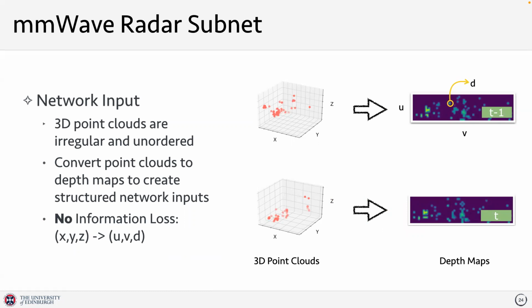Note that this step doesn't incur any information loss, because all these 3 parameters, X, Y, Z in the point cloud world will just be reparameterized to UVD, where D is the depth and U and V are just the horizontal and vertical axes. It's just to make the data more structured, so it is more amenable to convolutional neural networks.